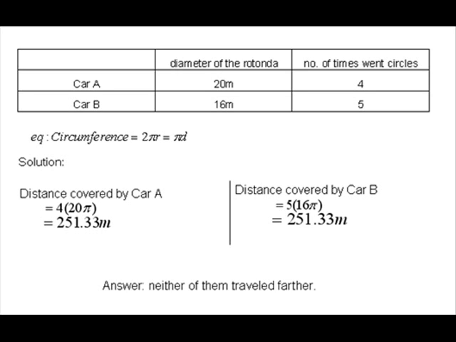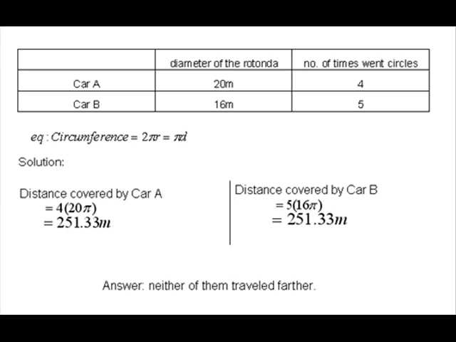The formula to find the circumference of the circle is 2 pi r, or pi d. So for car A, the distance it covered was 20 meters, which is the diameter, times pi times 4, which is the number of times it went in circles. The answer will be 251.33 meters.